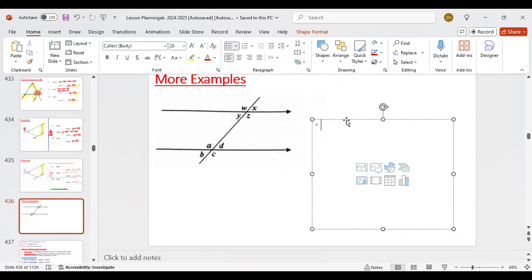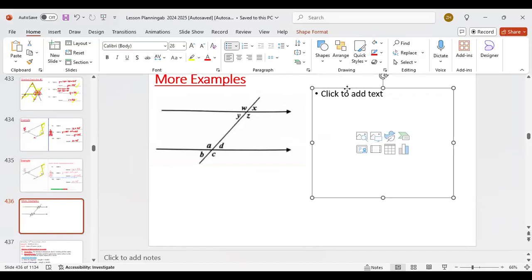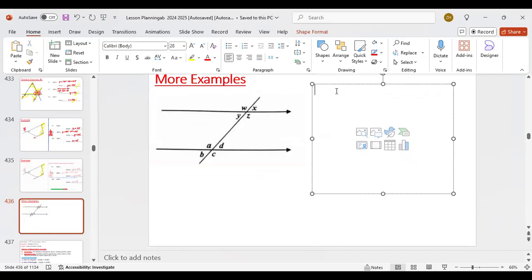Number one, identify a pair of alternate angles. Yeah, write this down. Identify a pair of alternate angles. That's the first question that we have.